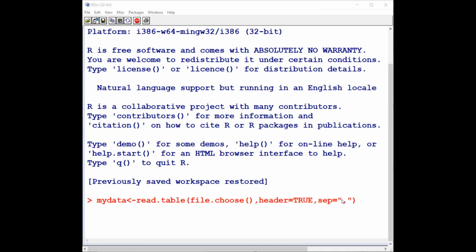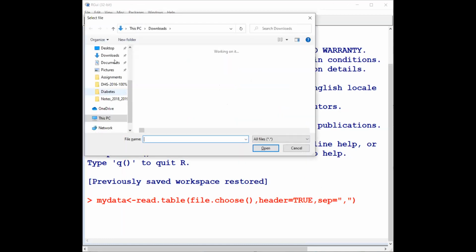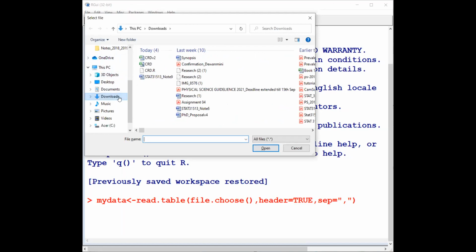First I can select my file from where I have saved it. So this is my file.